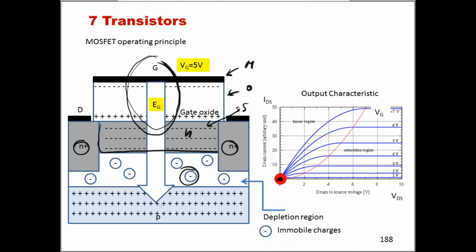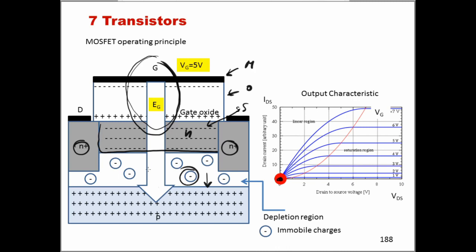And remember that these immobile charges are really a lot, because the substrate is p-type, and so there are really a lot of positive charges. So if the positive charges have been depleted away, then they've left behind a lot of immobile negative charges.